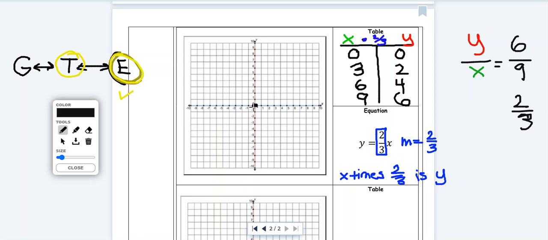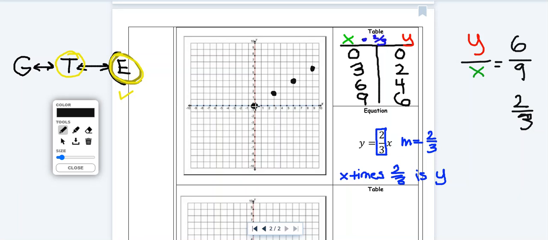Now that I have my points, I can graph them to make my line. 0, 0, over 3, up 2, put a point, over 6, up 4, 1, 2, 3, 4, over 9, up 6, 1, 2, 3, 4, 5, 6. Sweet.